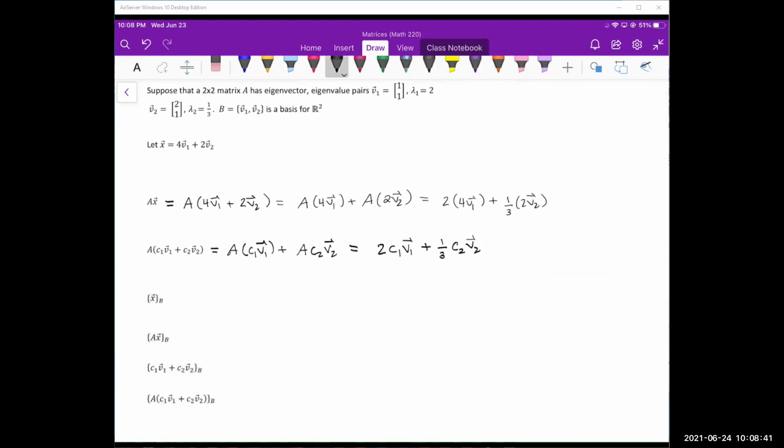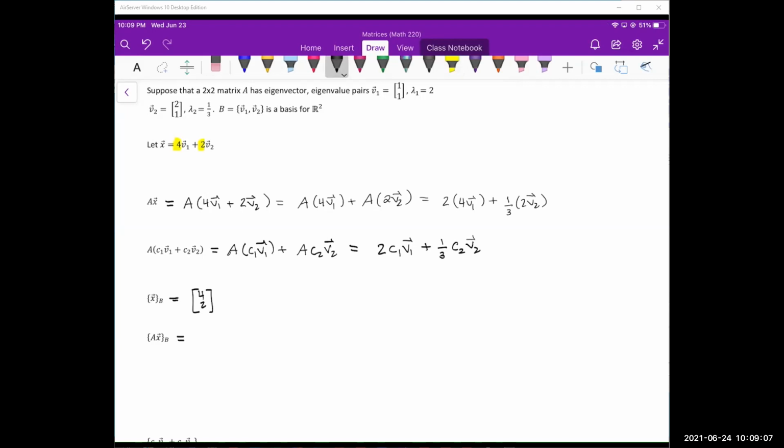The coordinates for the vector x in this basis just tell you the weights. So what weight we have in front of v1, and then what weight we have in front of v2. So this vector x we would write as having coordinates (4, 2).